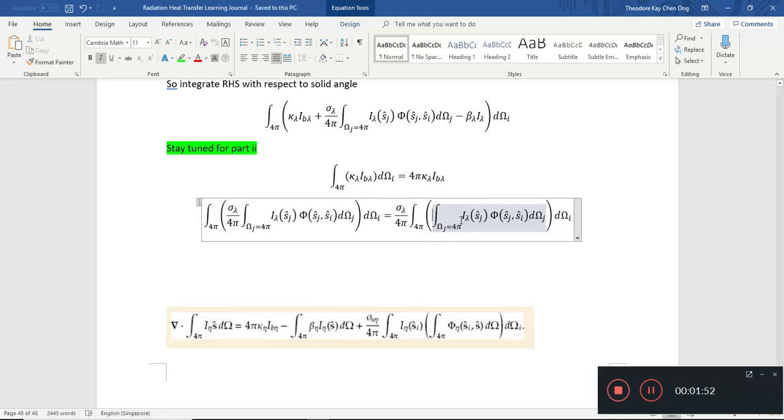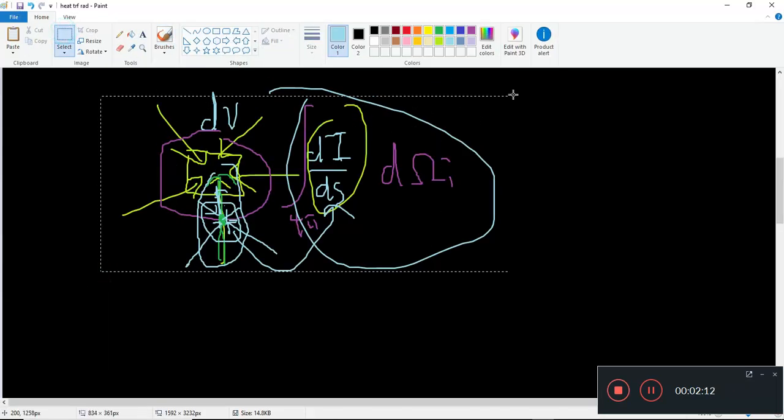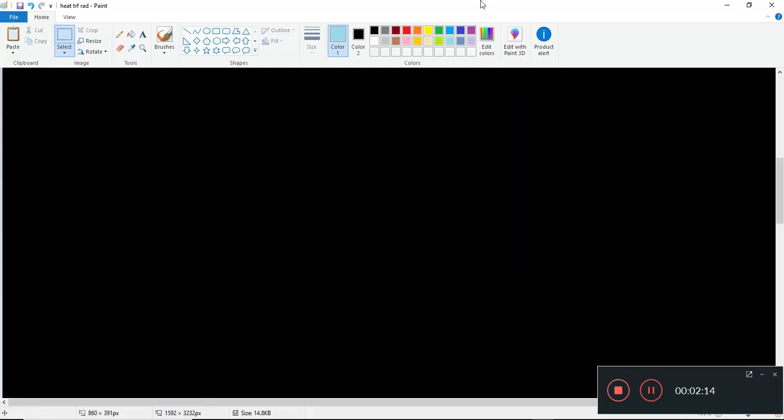Well, we'll notice that the radiation is coming in from all other directions. Remember, this is the in-scattering term, the radiation coming in from whatever direction that is not direction I. This gets messy now, so let's delete this.